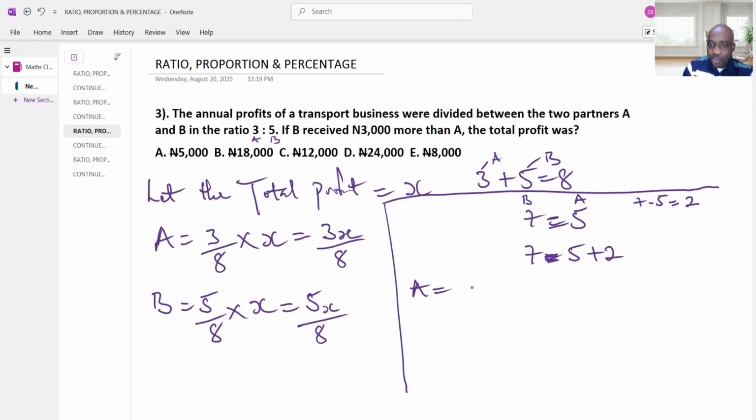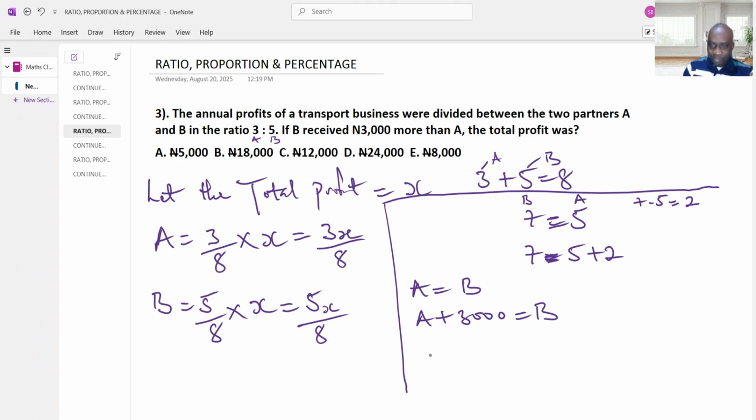A equals B. And we were told that B received 3,000 more than A. For me to have equal things, I'm going to say A plus 3,000 equals B, so that they have equal profit.